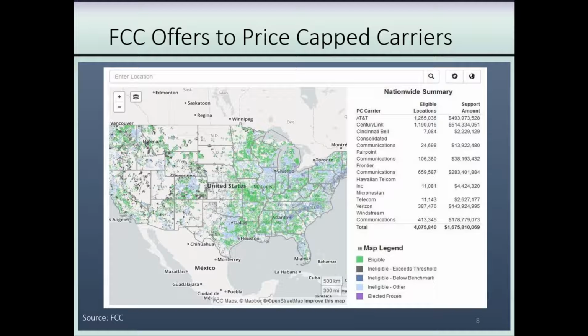A little over a year ago, the price caps made selections for about $1.7 billion of annual support, which is still a fraction of the universal service funds from which the Connect America Fund is funded. So it looked like everything had been spoken for. Next slide, please.